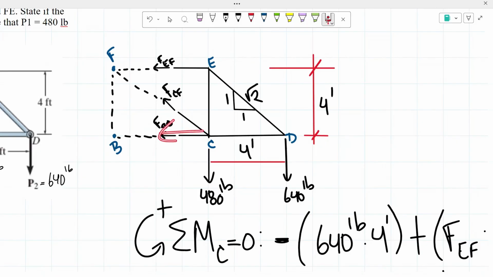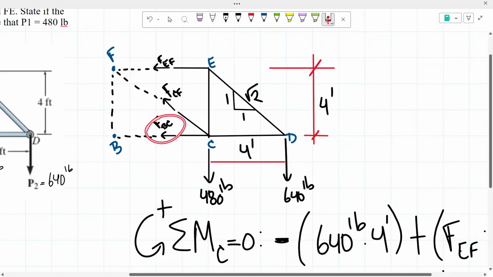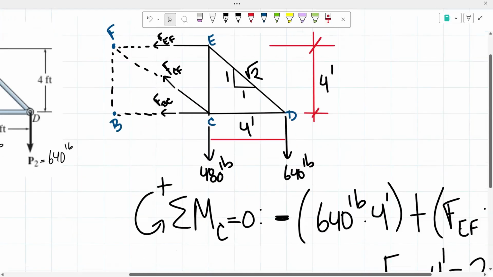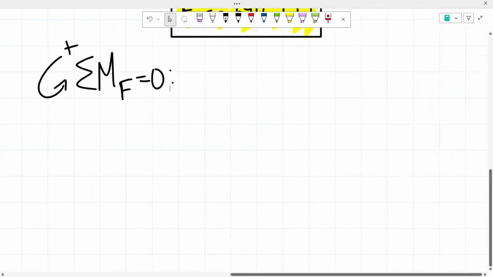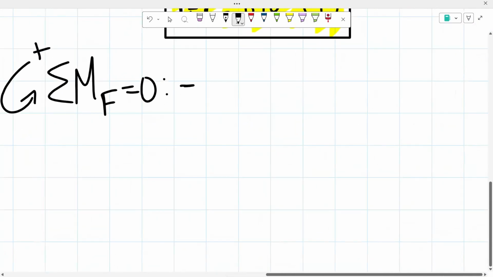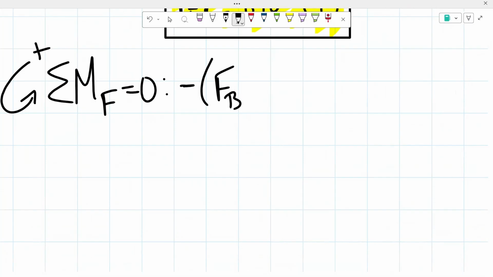Here we have it going to the left, meaning that for our point F, it's going to be creating that clockwise moment, meaning a negative moment of our force, which is what we're trying to determine, times the distance of 4 feet. So we said negative moment of our force BC times 4 feet.